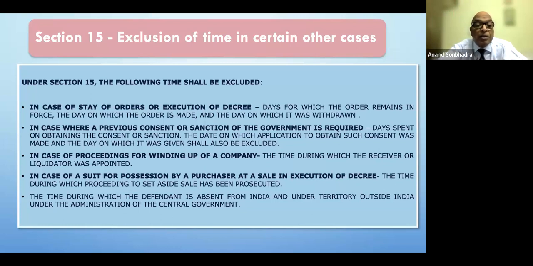And the time during which the defendant is absent from India and under territory outside India under the administration of the central government, which is any territory outside India, or he's absent from India, on a case-to-case basis, that can be exclusion.